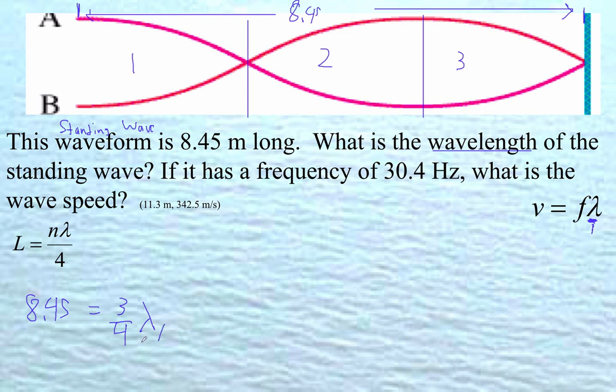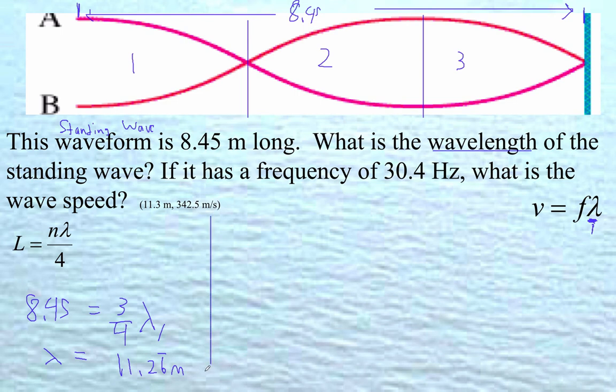Let's solve for the wavelength. The wavelength equals 8.45 times 4 divided by 3. I'm going to cross multiply that. And I get that lambda is 11.26 repeating, 6 meters. All right, we got it.